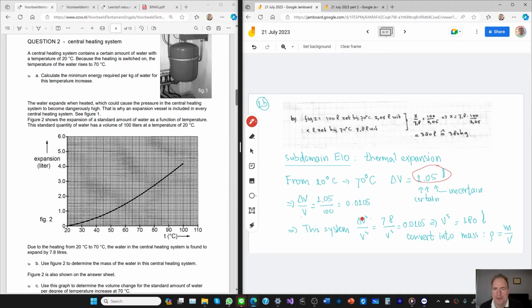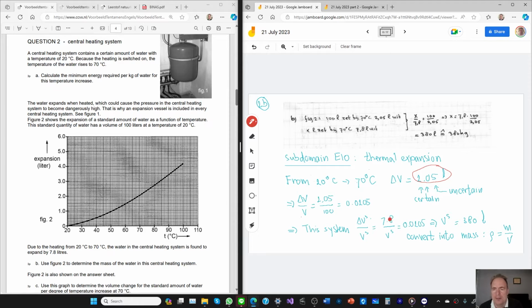So there's just a proportionality problem here. We know that the delta V of the system divided by the volume of the system at 20 has to be 0.0205. In this particular system, delta V is actually 7.8 liters, which is more than 2.05, so we just need to figure out that proportionality constant.